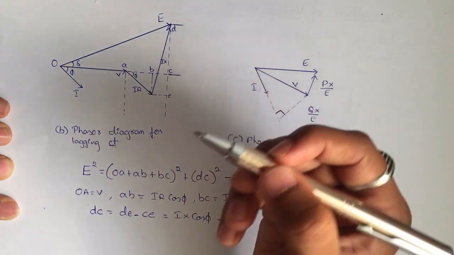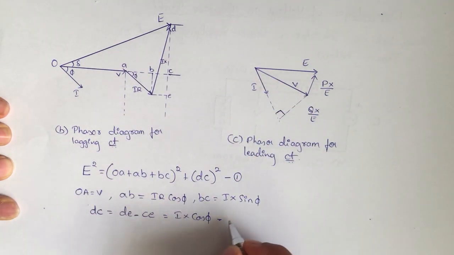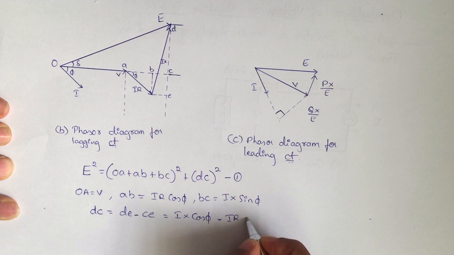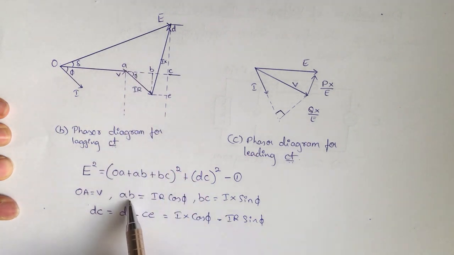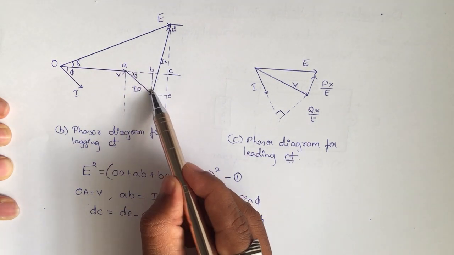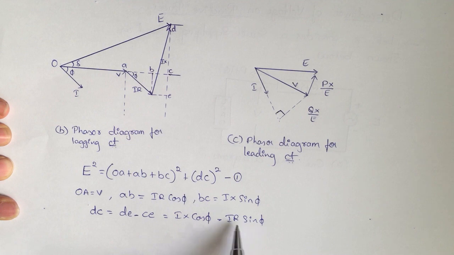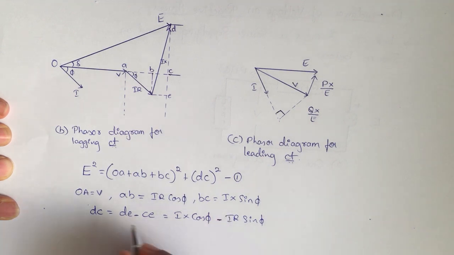These two are parallel in nature. You can take it as IR sin phi. To get AB, we have IR cos phi. To get this line, we have IR sin phi. This leads to DC. We got the OA, AB, BC and DC values.